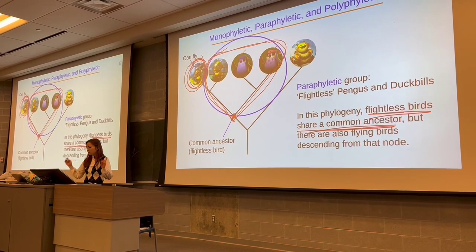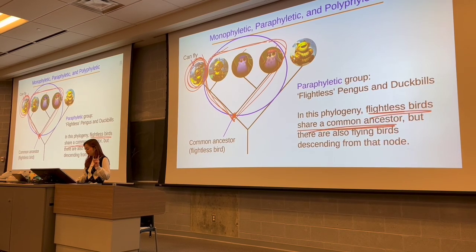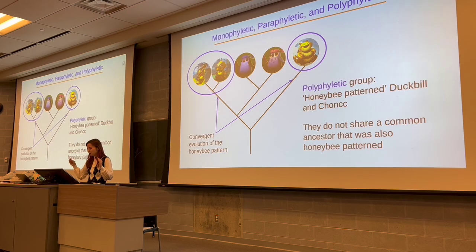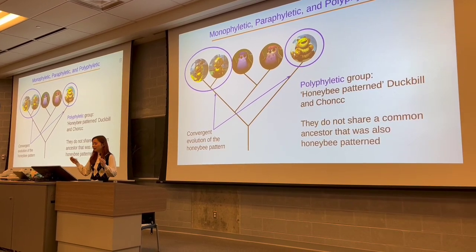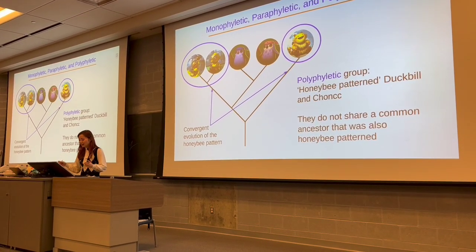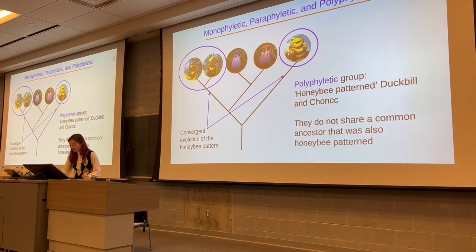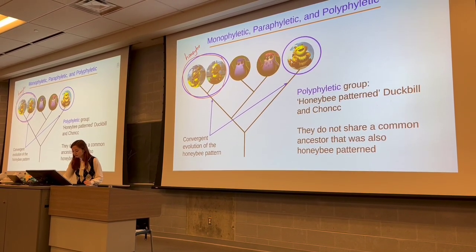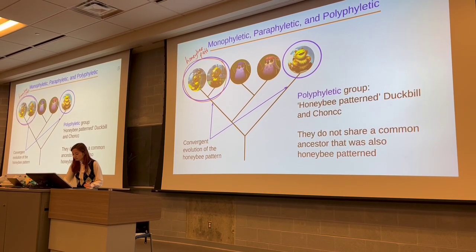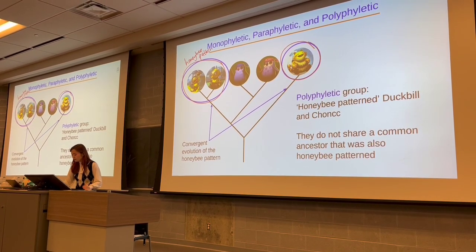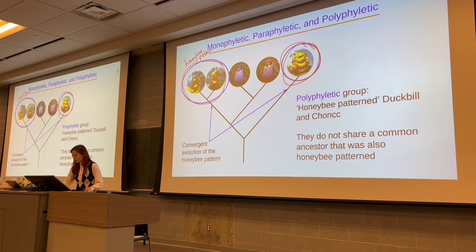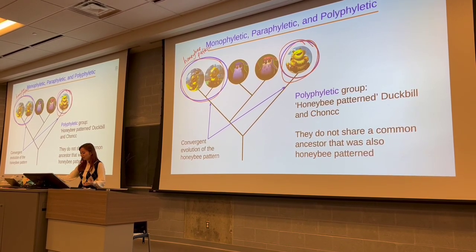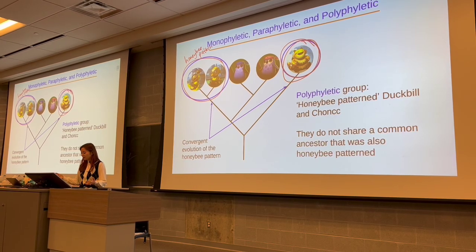Okay? So if we want to differ that from polyphyletic, if I were to specify a group called the honeybee patterned animals, okay? In this case, we have a honeybee patterned group of duckbills here, but also a honeybee patterned chonk, okay? They look similar on the outside because they have this yellow and brown striped pattern.